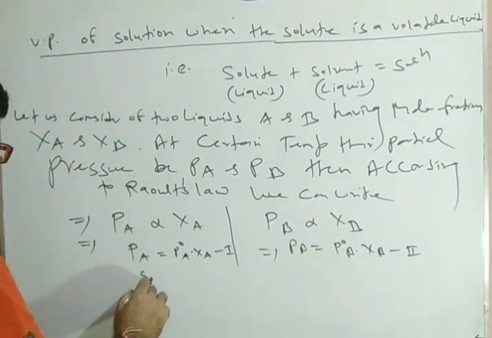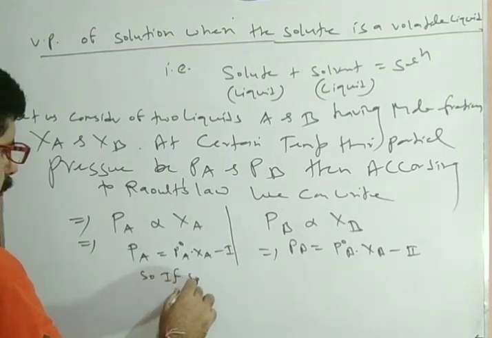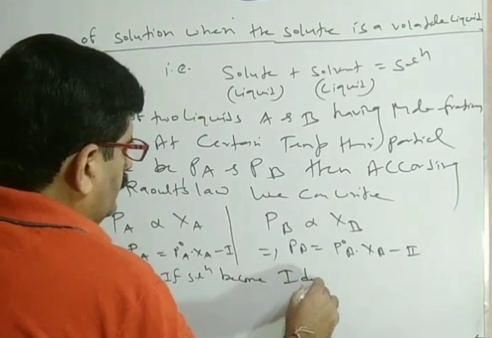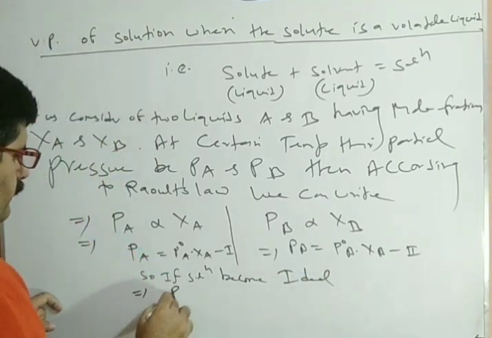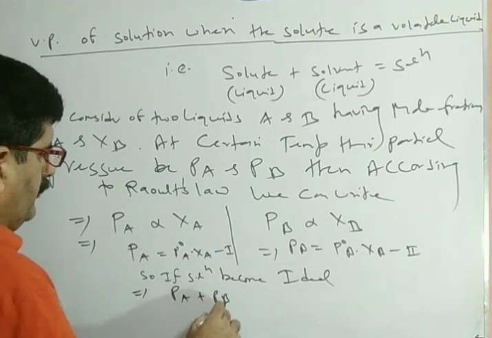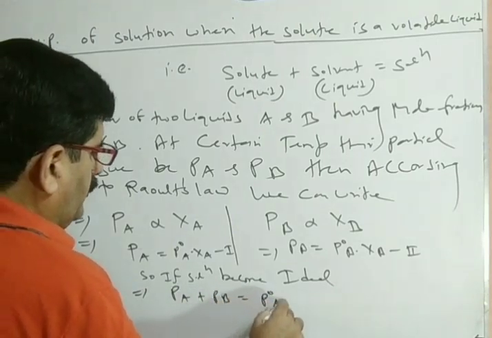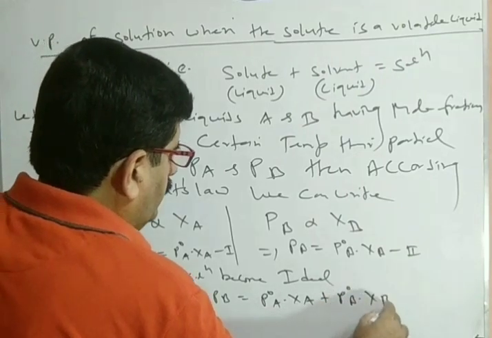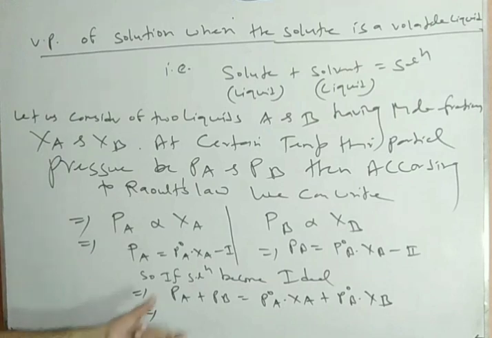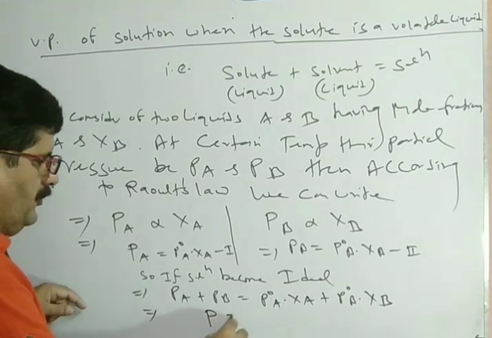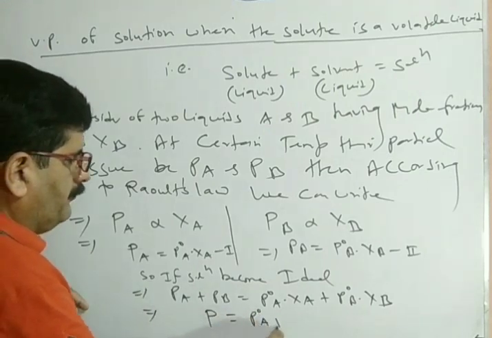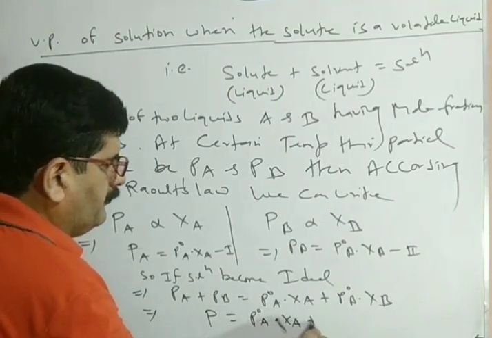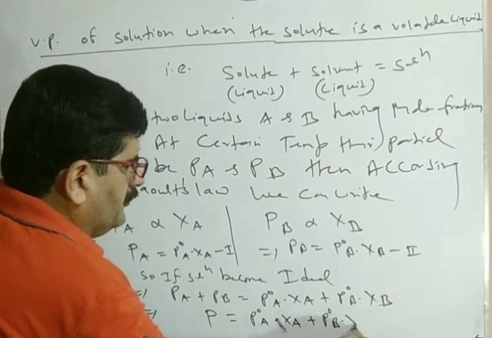So, if the solution becomes ideal, we can write PA plus PB is equal to P naught A into XA plus P naught B into XB. Suppose the sum of partial pressures is equal to P naught A into XA plus P naught B into XB.